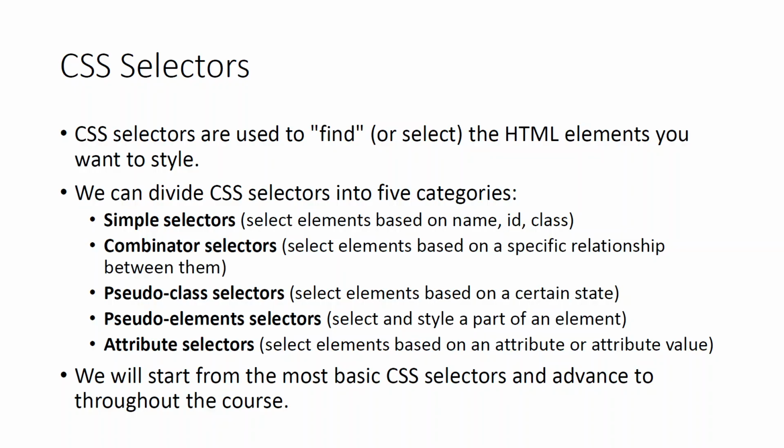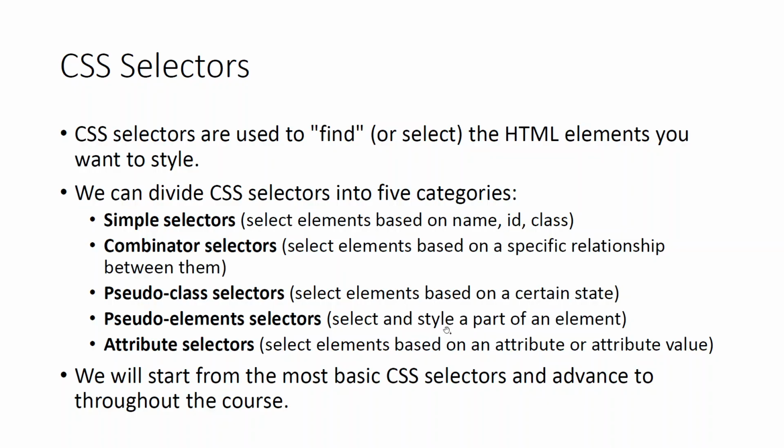Then there is what we call the pseudo class selectors. Now the pseudo class selectors, we're going to use whenever we want to add style based on a certain state. Say there is a mouse which is moving on our screen, and probably it has moved over this, or it has touched this, or it has changed its state to something else. So whenever there is a state change, maybe the page is loading or the page has loaded, then we are going to use what we call the pseudo class selectors.